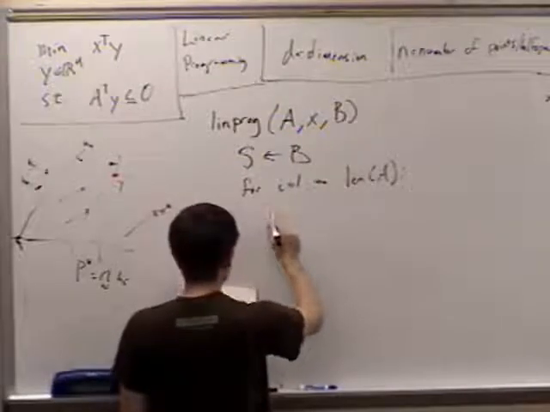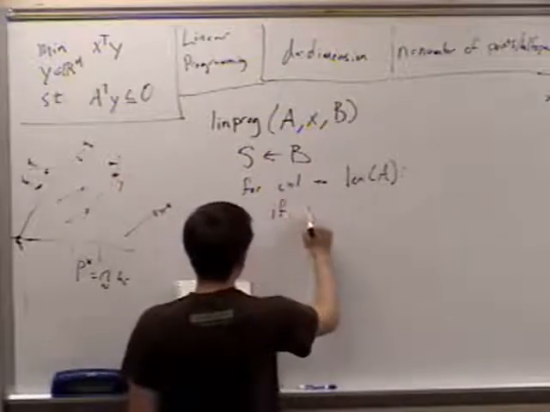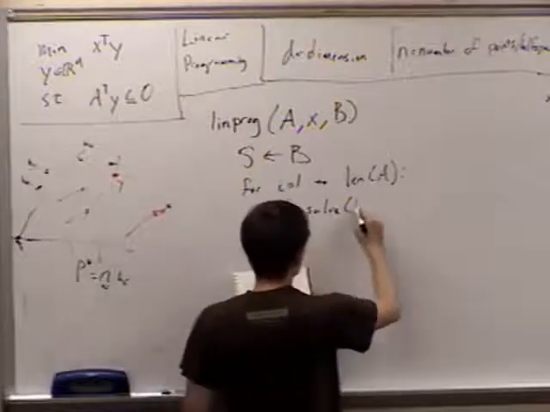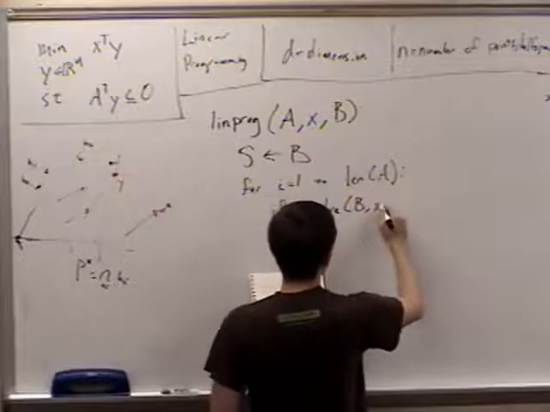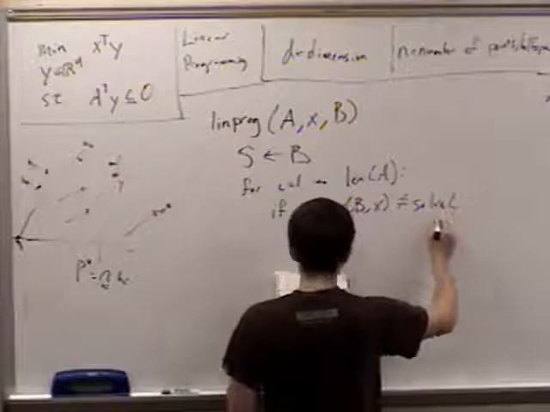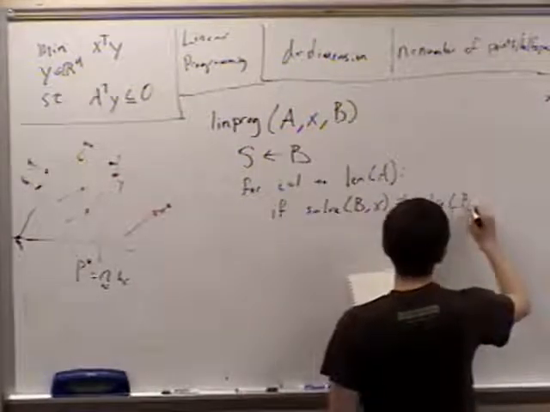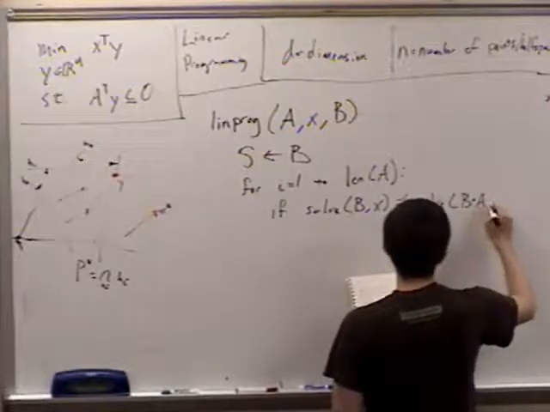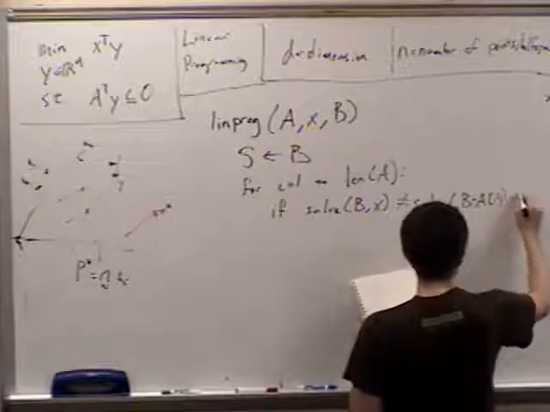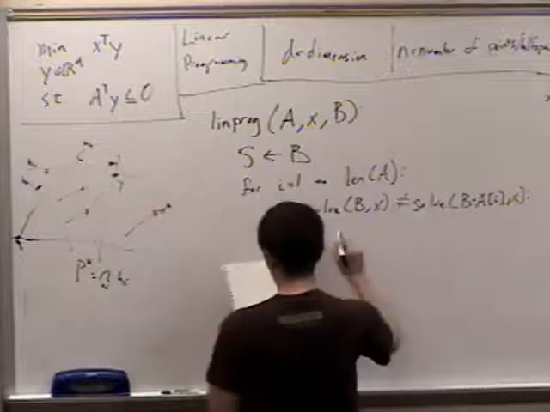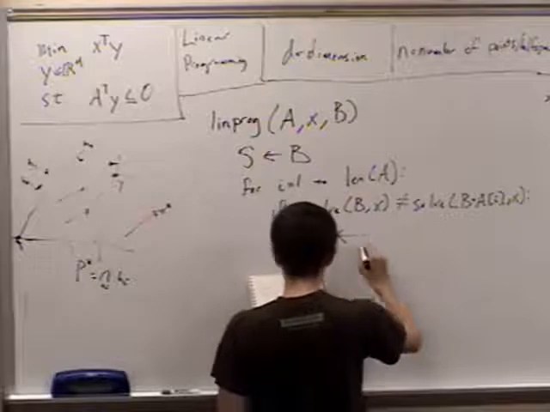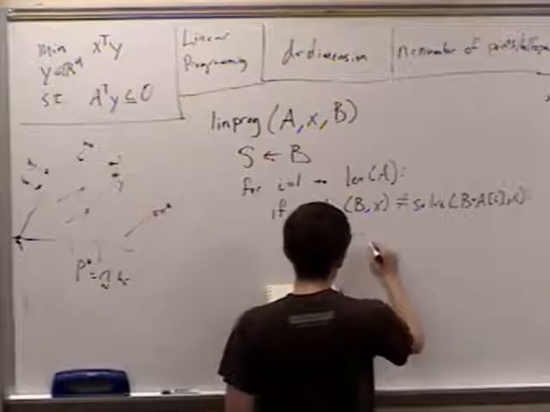Then we're going to need the subroutine, which I'll explain now. If solve(B, x) is not equal to solve(B concatenated with the ith column of A, x), then we're going to update our solution so far. We're going to basically resolve on a lower dimensional space.